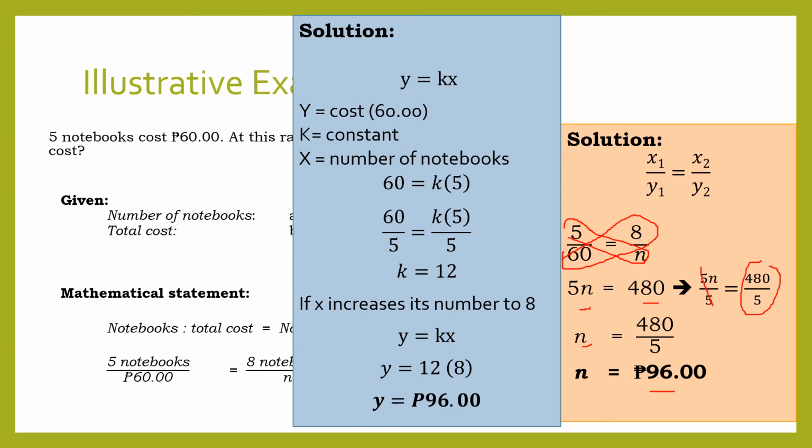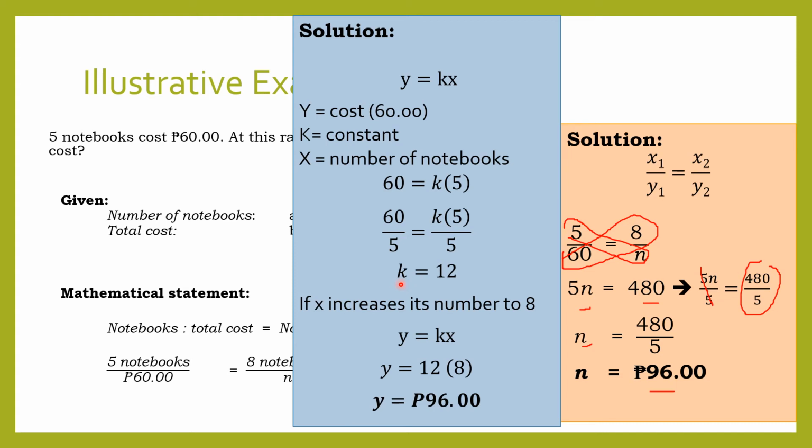Now let us substitute. 60 is equal to k times 5. Now we divide both sides by 5. So 60 divided by 5 is 12, and 5k divided by 5 is k. So it means that the unit rate is 12 pesos.